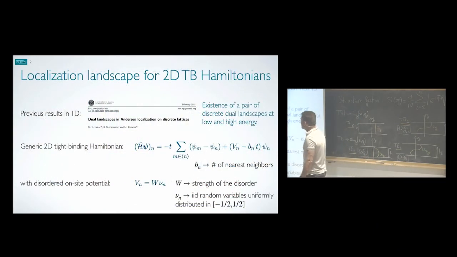So now the objective is to develop a localization landscape for tight-binding systems. Previously, Svitlana and Marcel, with their collaborators, obtained results for 1D systems, and the main result of this paper was to prove the existence in 1D of a pair of discrete dual landscapes at low and also at high energy.